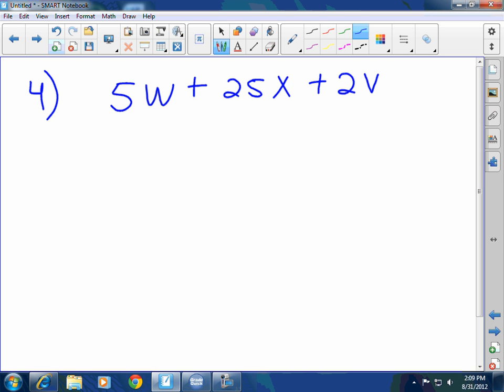This is the algebraic expression. Numbers, operation signs, and variables. The only thing you have to do here, though, is define the variables. W equals number of washes. X equals number of waxes. And V equals number of vacuums. How many cars you vacuumed?